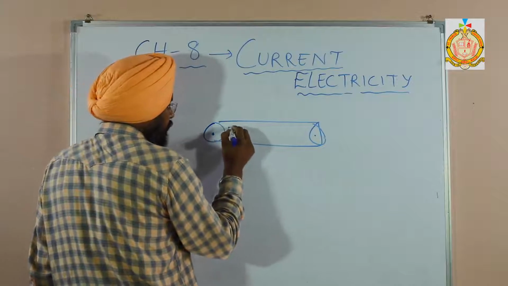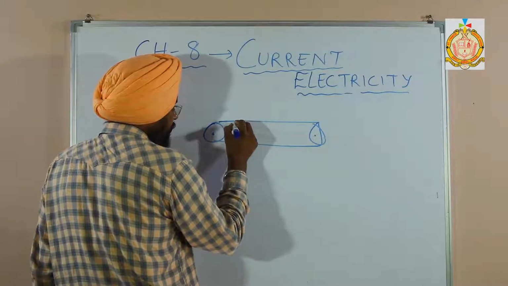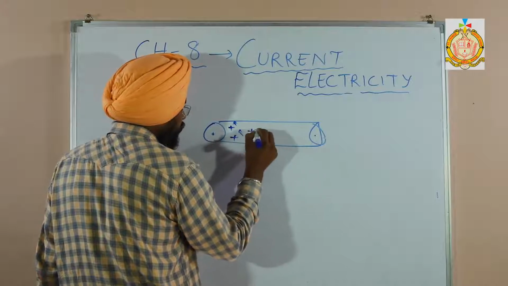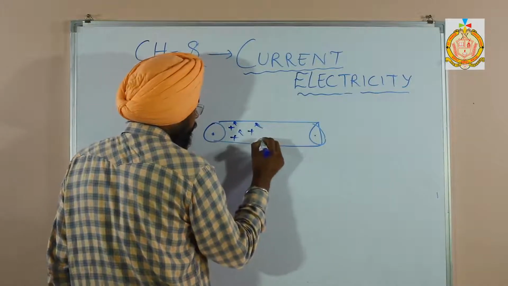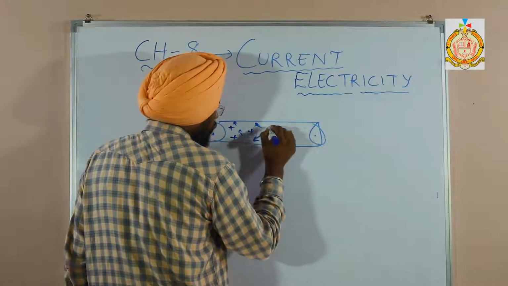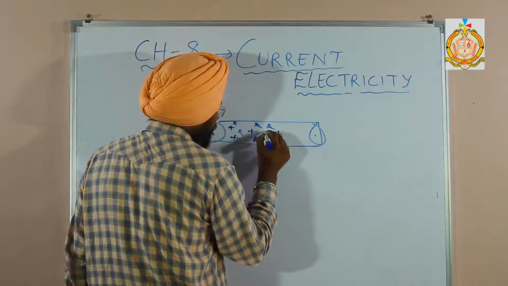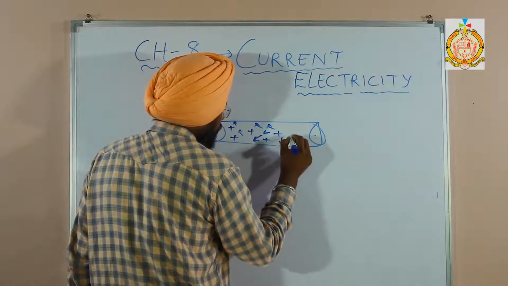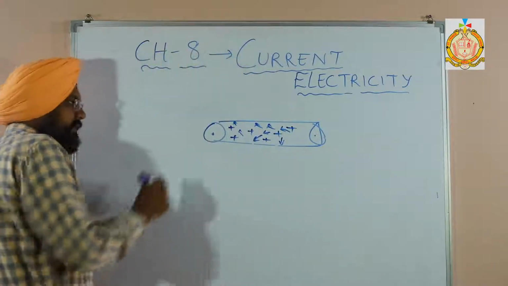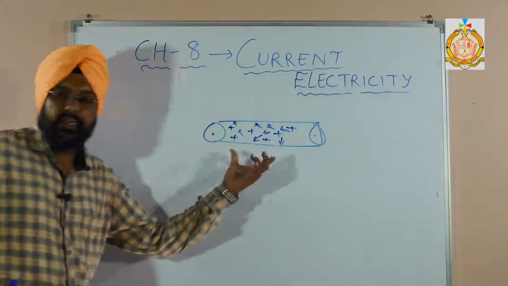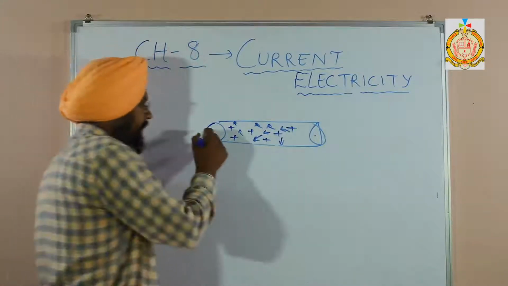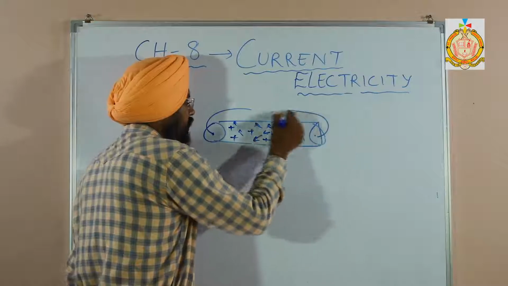The free electrons are moving in any direction when they are not connected with the cell. Some move downward, some in the positive direction. As it is now, they are free electrons because they are not connected with the cell.